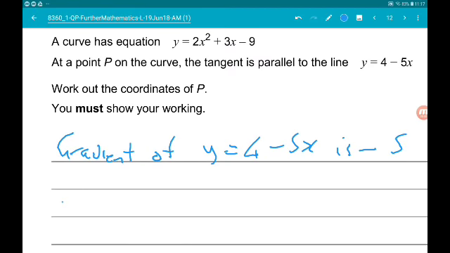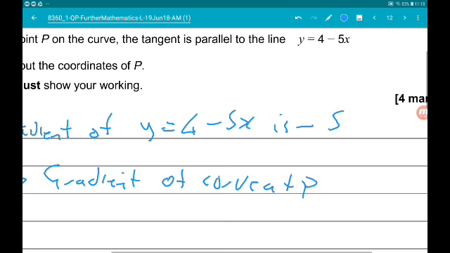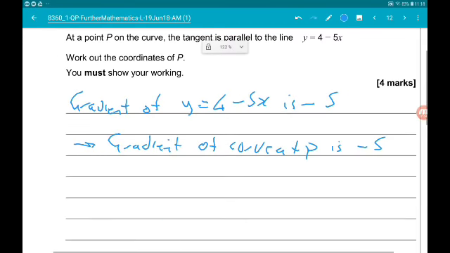So that tells us the gradient of the curve at P is minus 5. Because the tangent is a line that touches a curve at a single point. So at that point, the tangent and the curve have the same gradient. Now, how do we find the gradient of a curve? We differentiate.